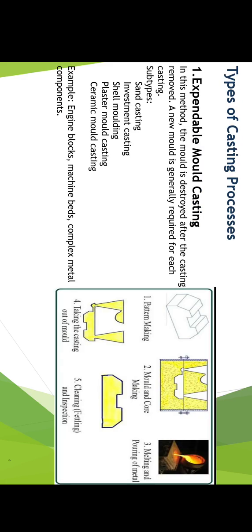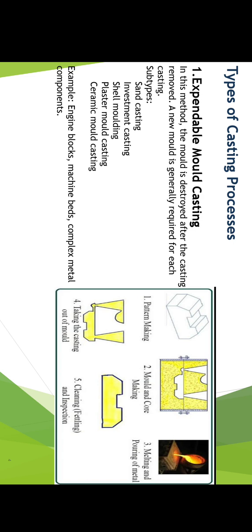Based on mold production and usage, casting can be classified into three major categories. The first one is expendable mold casting. In this method, the mold we are using is destroyed after the casting is removed. So for each casting process, a new mold is generally used.